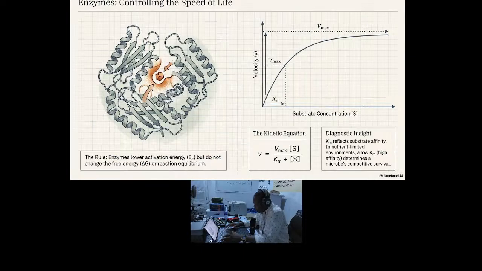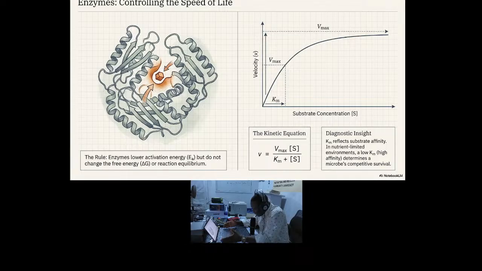Now let us talk about enzyme. This is time to talk about enzyme. Enzymes lower the activation energy. By this time you will know exactly that enzymes are biological catalysts. So enzyme determines the speed of life.